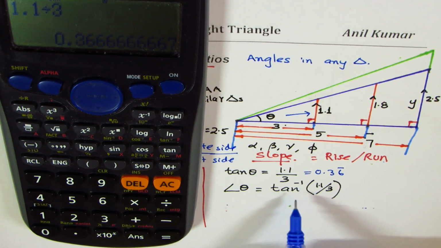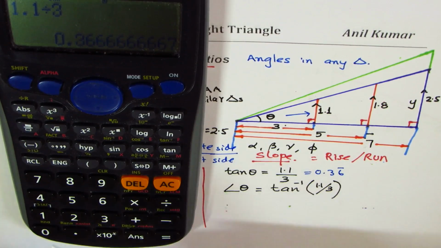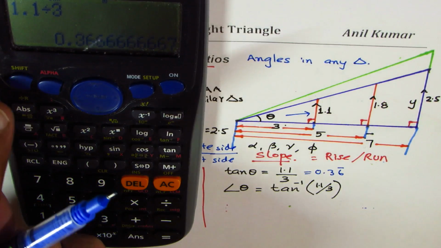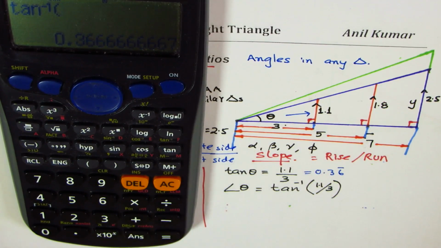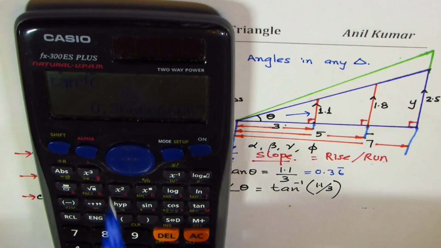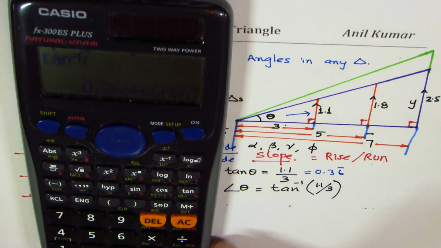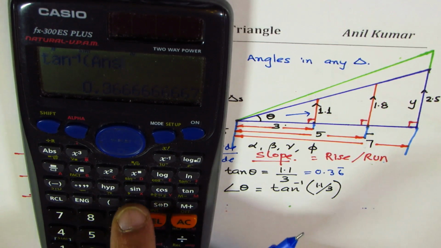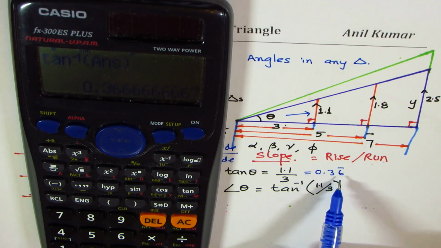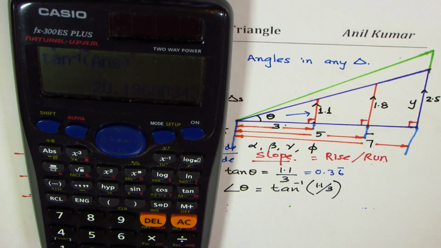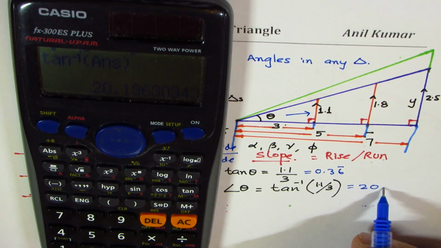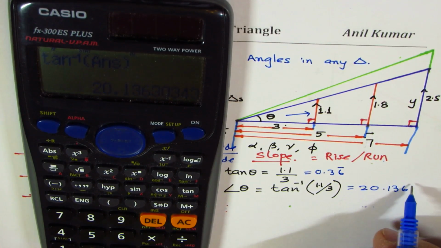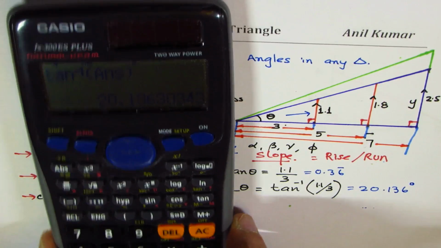To find theta, we have to use tan inverse, which on a calculator, if you press the shift button and then tan, you see tan inverse, right? So it's like this. And if I do tan inverse of the answer which we have, 0.3666, we get the angle. The angle which we got here is 20.136, something like this.